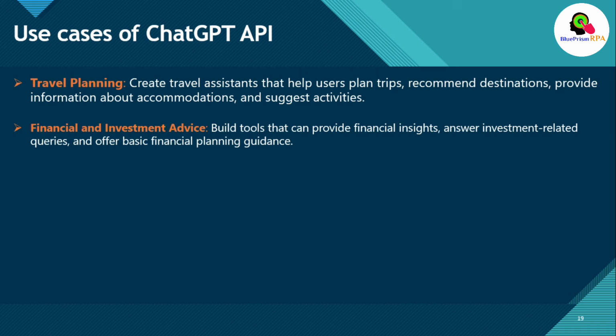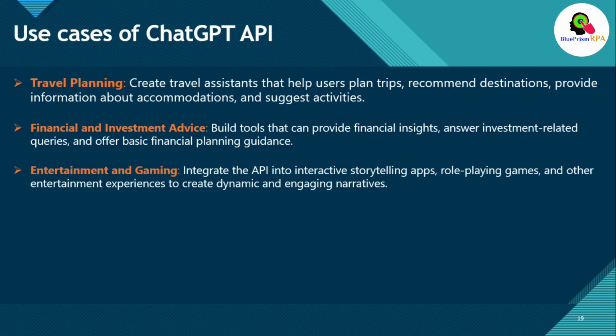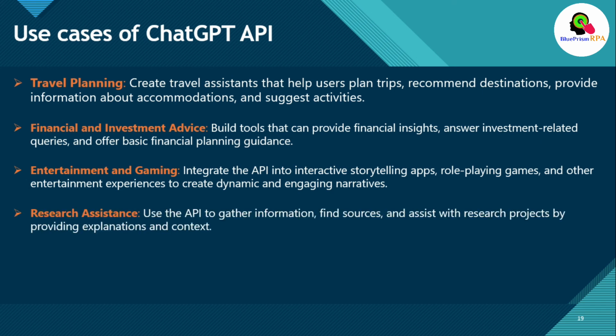It is also helpful in financial and investment advice. We can build tools that can provide financial insights, answer investment-related queries, and offer basic financial planning guidance. This is also helpful in entertainment and gaming. We can integrate the API into interactive storytelling apps, role-playing games, and other entertainment experiences to create dynamic and engaging narratives.